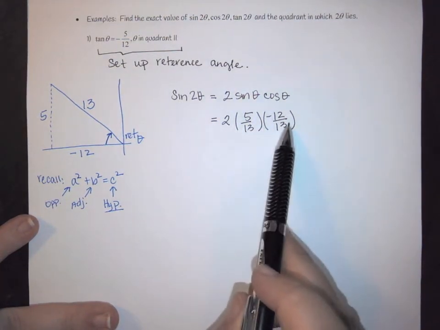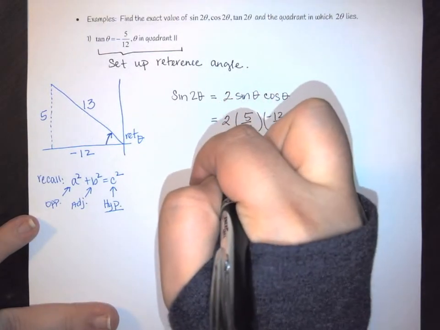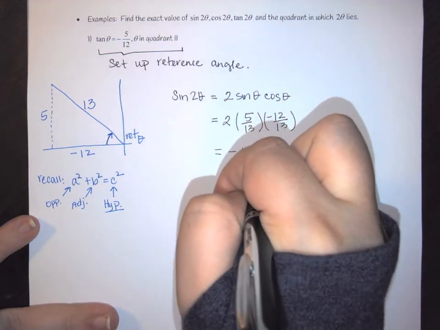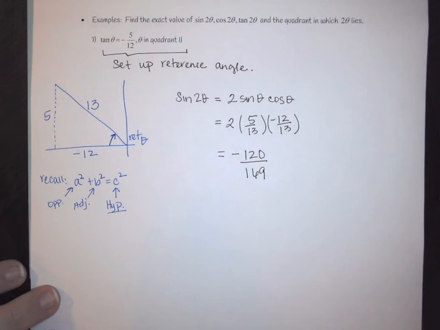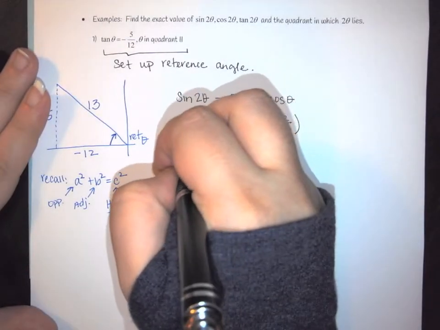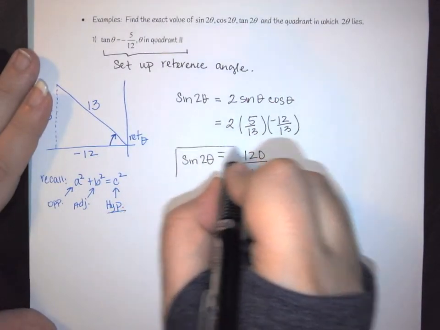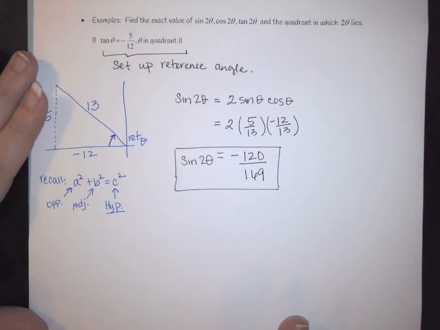You would multiply all of this together, and you would end up with -120/169. And so that would be your double angle here. So here we go. This is the sine of 2 theta, and this is what we were looking for. So 1 down, 2 to go.